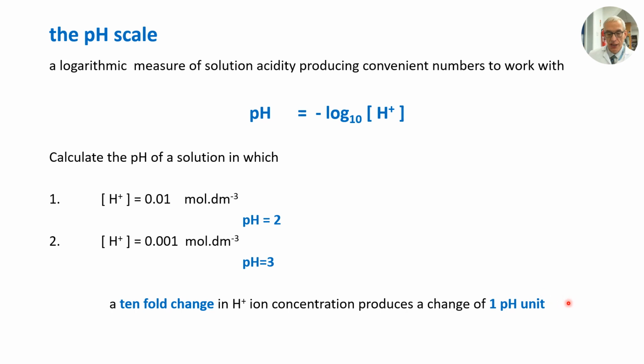You'll notice that a 10-fold change in the concentration of hydrogen ions produces a 1 unit change in pH. But before we move on, you must make sure that you can put this number into your calculator and get that number out. Similarly, you must be able to put that into your calculator and obtain this as the pH.